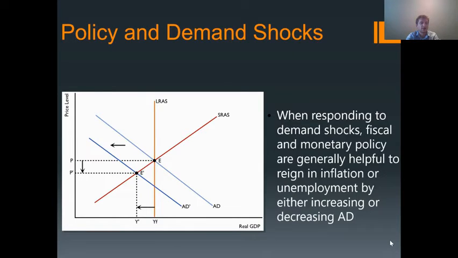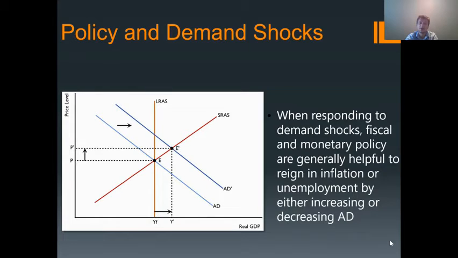So you have aggregate demand shifted to the left. Well, what you need to do, according to Keynesians, is shift it right back where it came from. So you need to increase aggregate demand, not worry so much about allowing short-run aggregate supply to self-correct, but instead correcting the economy in the first place.